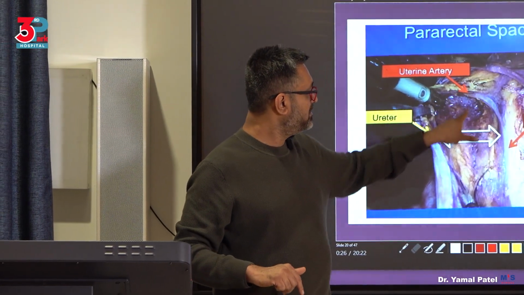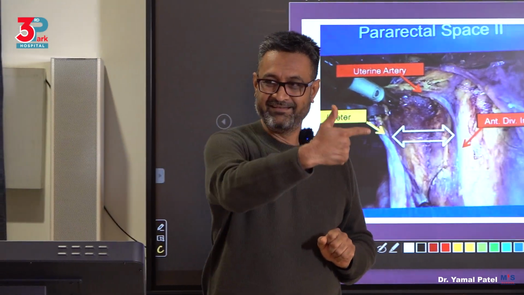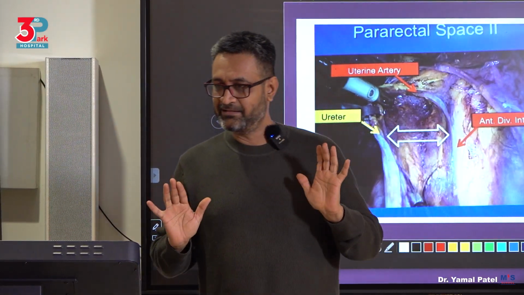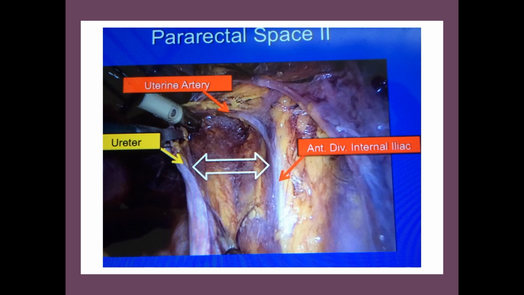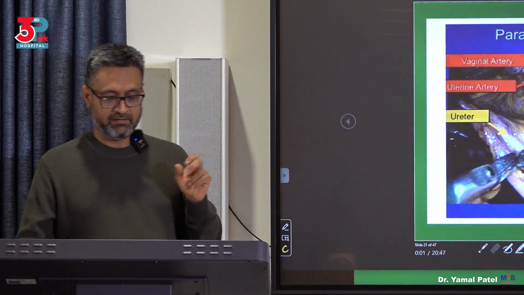So paravesical and pararectal are separated by the uterine artery. You're getting my points? Now, this area here is what I was talking about, that you need to know so that you can separate the ureter from the vessel. This is the space that is avascular between these two. You've understood? We go on.